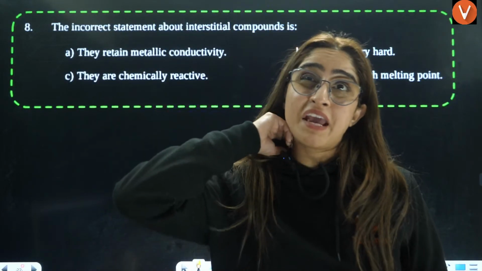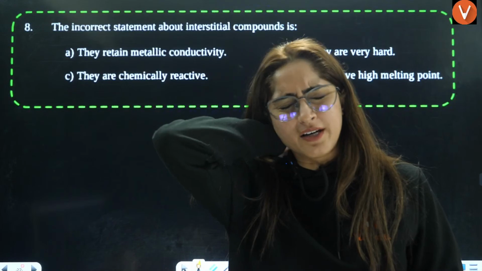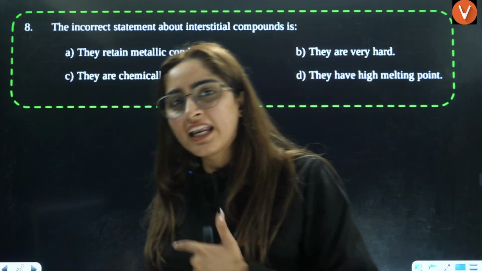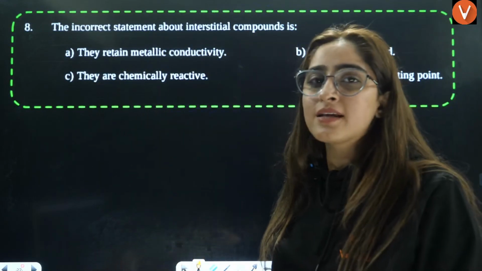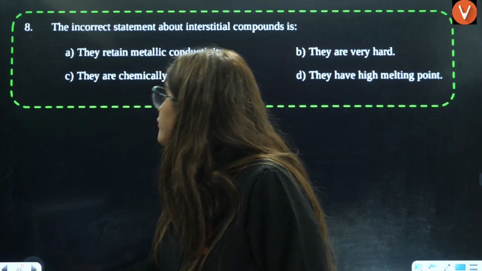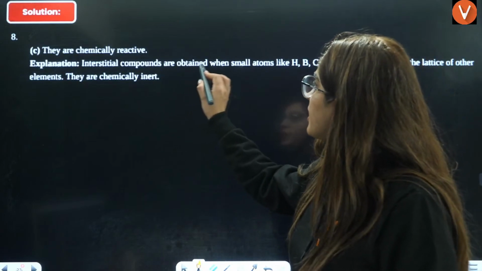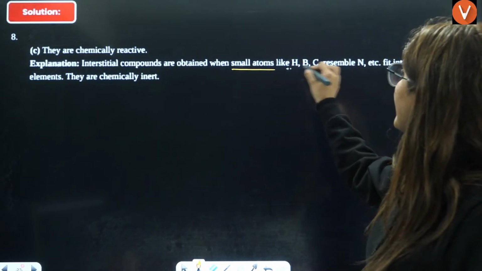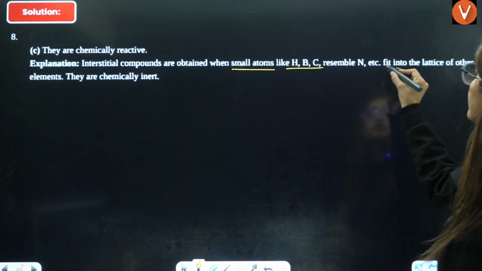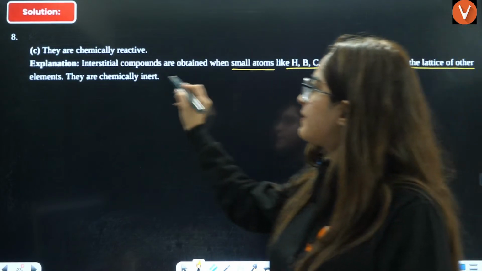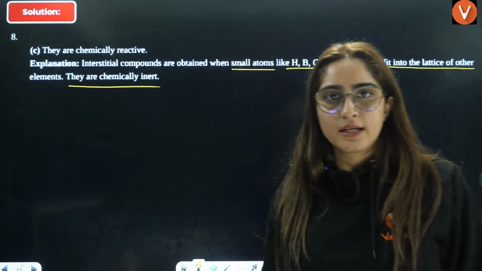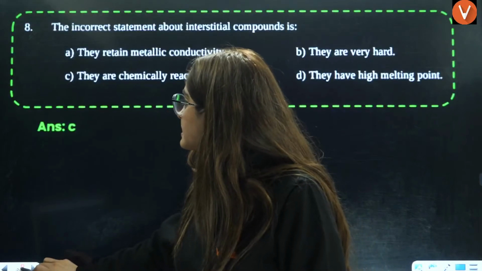Basically in the d and f block, we mix these compounds because the qualities are improved here. So answer is they are chemically reactive. Interstitial compounds are obtained when small atoms like H, B, C, N fit into the lattice of other elements. They are chemically inert. So answer is going to be C is the correct answer.